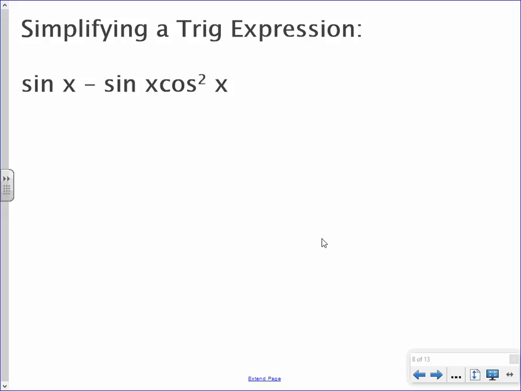So instead, what could we do since there's a sine of x in both terms? Instead of divide, we can factor it out. Okay, so something you can look for is, is there a common factor? So we have a common factor of sine of x, which means we can factor it out, and left over we have 1 minus cosine squared of x.